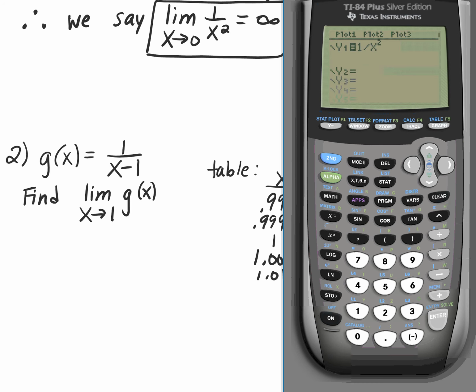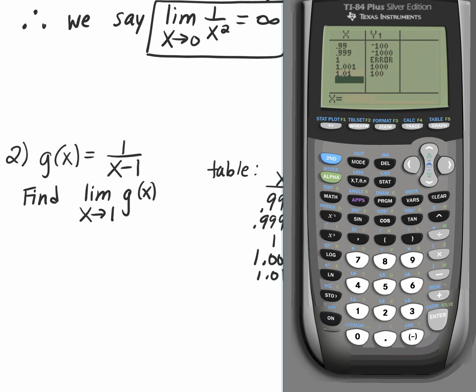So let's change up our equation. And I'm going to do 1 divided by, parentheses, x minus 1. If you would like to use the fraction tool, you totally can. And then just delete some of these out so I don't have the extra ones in here. 0.99, 0.999, 1, and then 1.001.